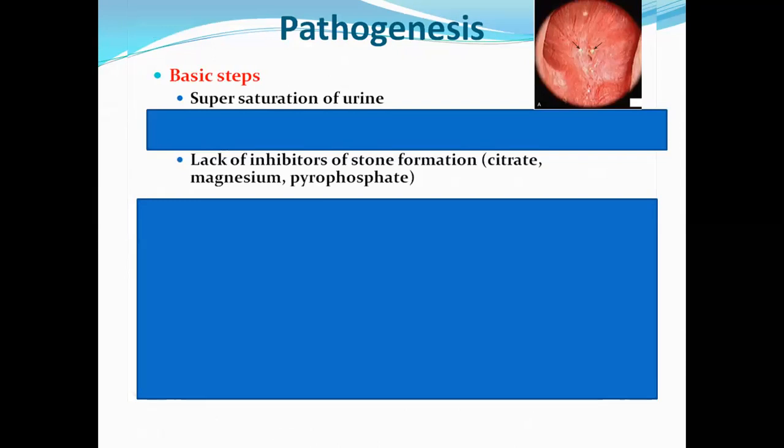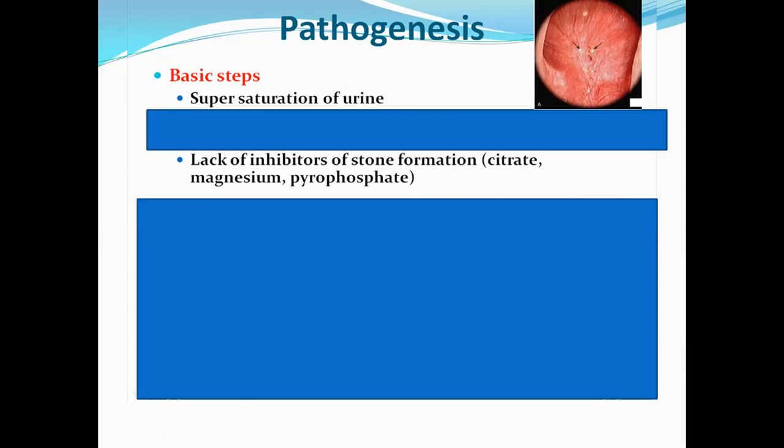Supersaturated means the urine contains water and a lot of electrolytes. Whenever the concentration of electrolytes is more than the water can handle, that means the water inside the urine is unable to dissolve the electrolytes, then precipitation of the electrolytes starts.